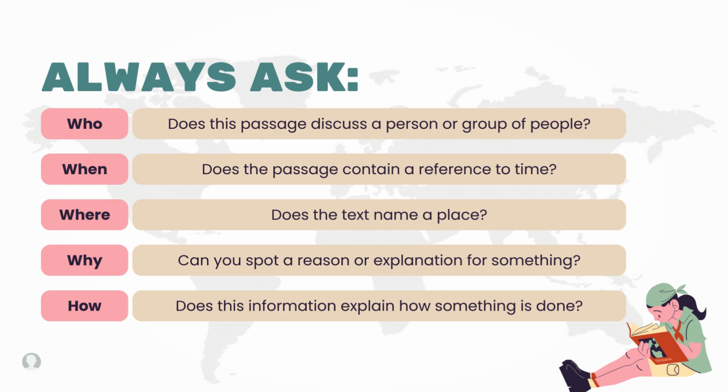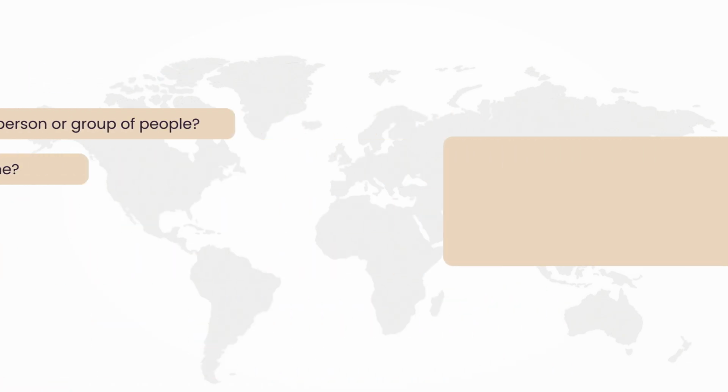Where? Does this text name a place? Why? Can you spot a reason or explanation for something? How? Does this information explain how something is done? These questions will help you to identify the main idea.